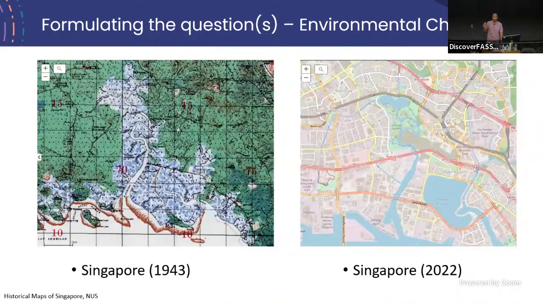A couple of examples here. We've got Pandan Forest Reserve here, back in 1943. Fast forward to 2022, much of it is now replaced by the industrial parks in Jurong.